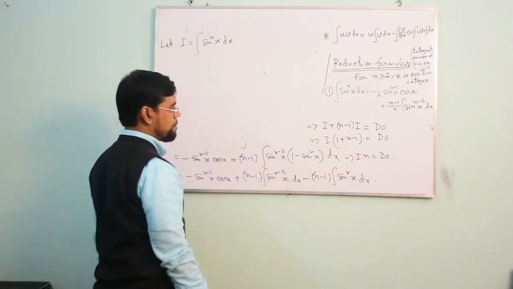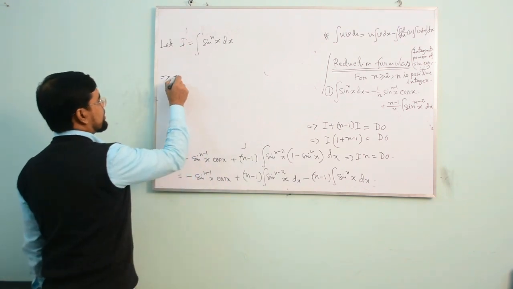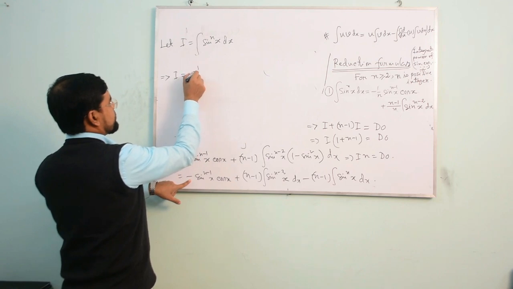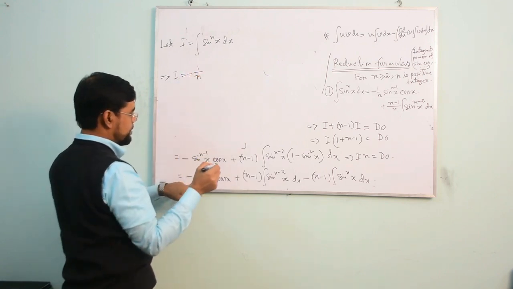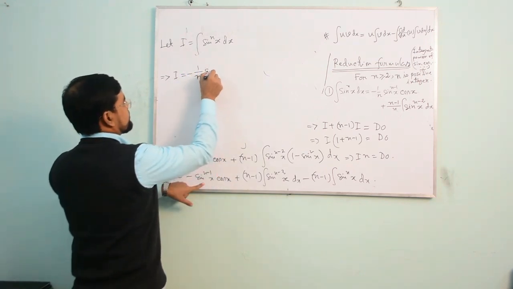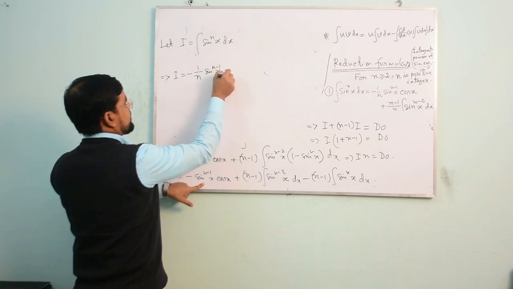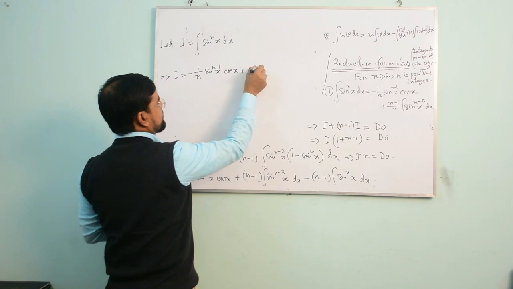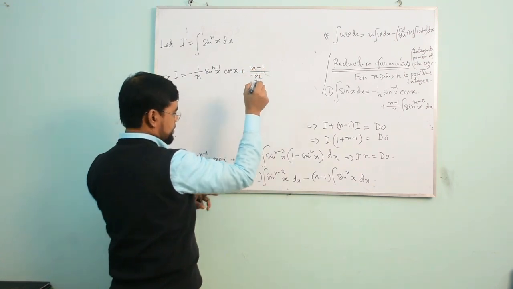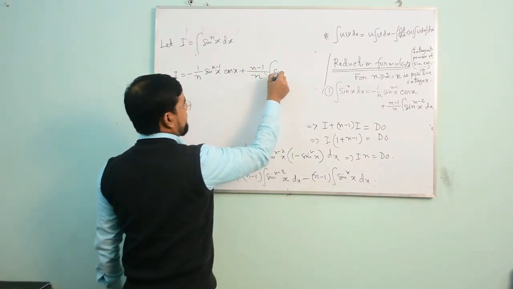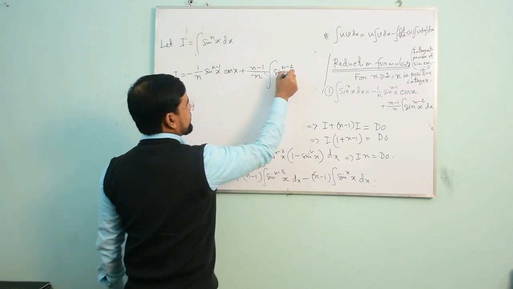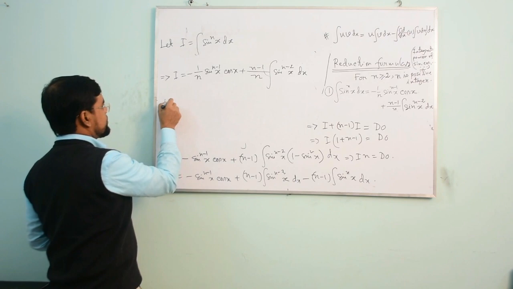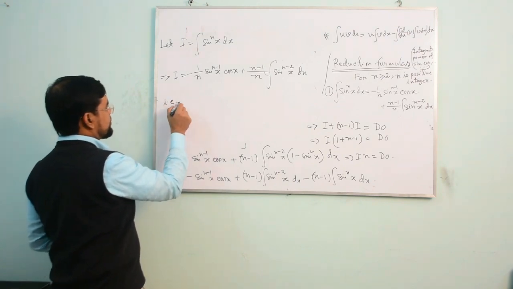So finally we can write I equal to minus 1 by n sin^(n-1) x cos x plus (n minus 1) divided by n integration of sin^(n-2) x dx.